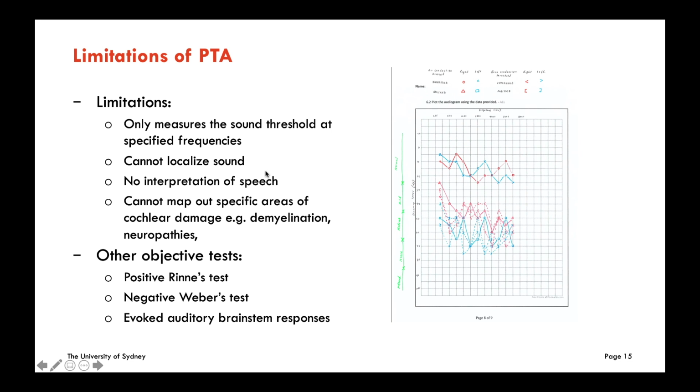As we mentioned in the previous slides, it is very important to use the other tests, such as Rinne's and Weber's, as well as evoked auditory brainstem responses, in order to fully investigate any type of hearing loss.